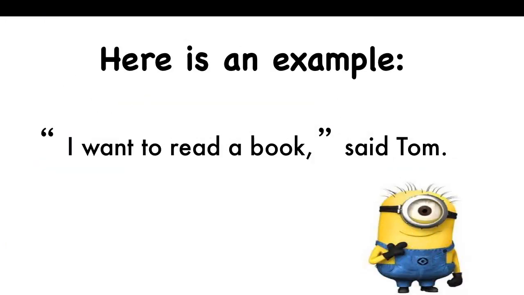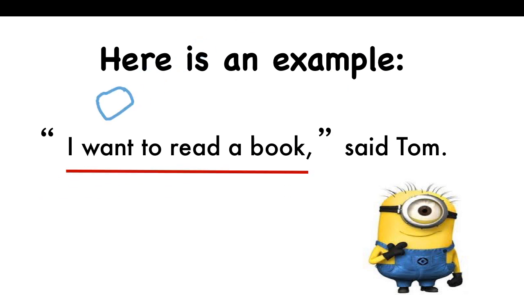I will just show you some examples. Here's an example. Can you see? "I want to read a book," said Tom. What did Tom say? Which are the words that Tom said? He said, "I want to read a book."